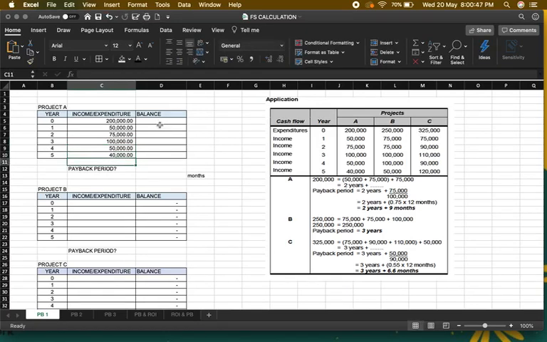Okay, now let's look into the balance, once we start to pay, because this first year to fifth year shows that the income has started to generate. So your expenditure means that you spend first, then in the first year you are getting the income.